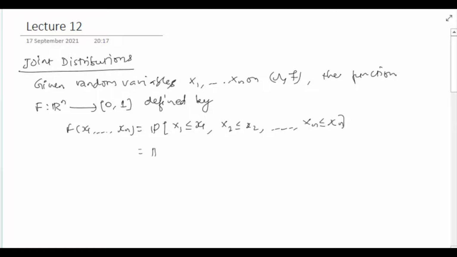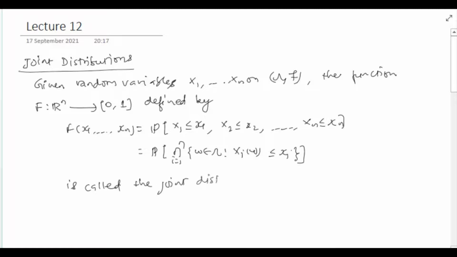That is the probability of the event that is the intersection of the events Xi(omega) less than or equal to xi. This function is called the joint distribution of X1 to Xn.